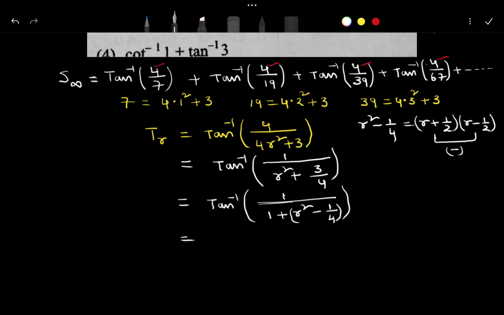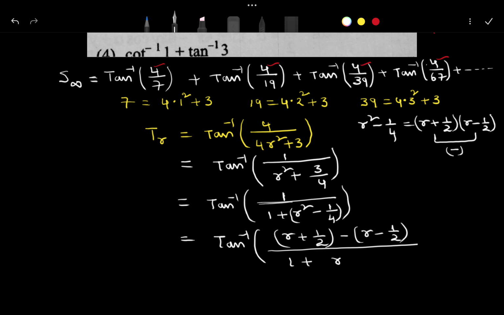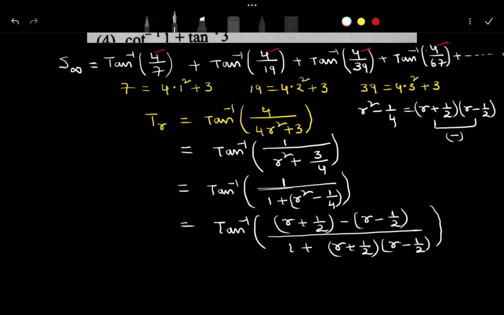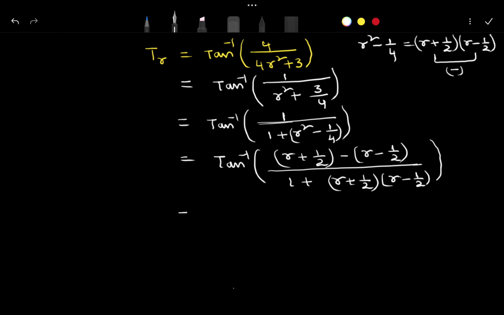So in this tan inverse, the numerator 1 can be expressed as r plus 1 by 2 minus r minus 1 by 2, whole divided by 1 plus r plus 1 by 2 into r minus 1 by 2. Now this expression is in which form? It is tan inverse of x minus y by 1 plus x into y.